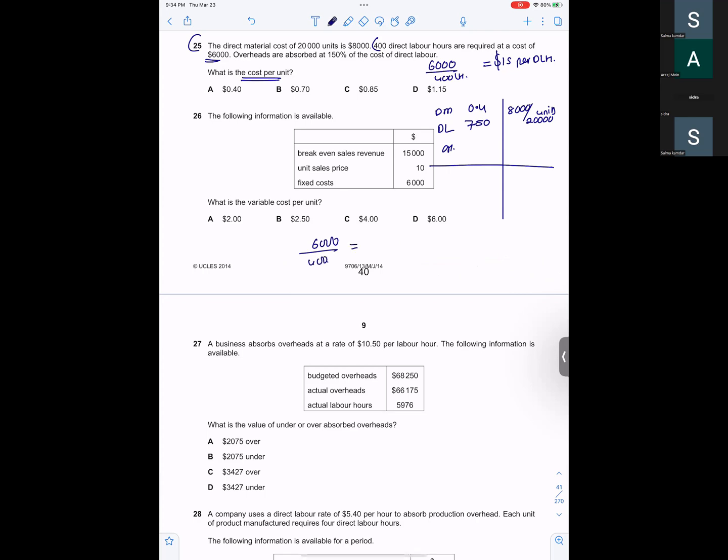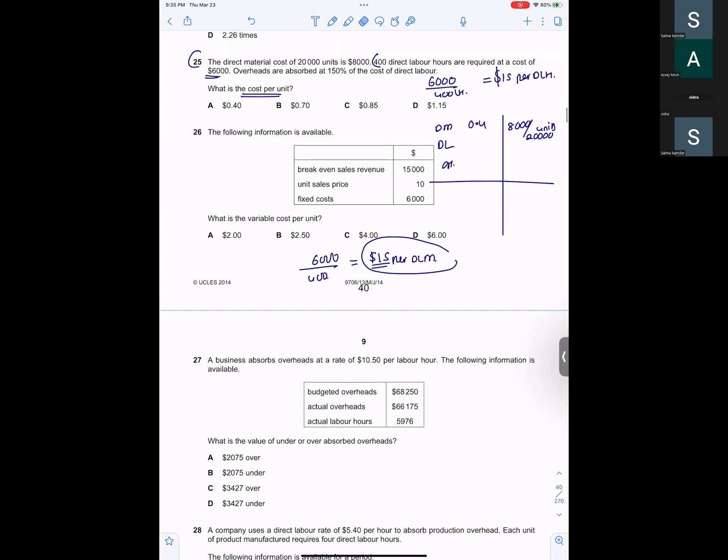So find cost per direct labor hour, how much? 15. Labor hour per unit is 15 only. No, cost per direct labor hour. Yeah, sorry, that is 15.